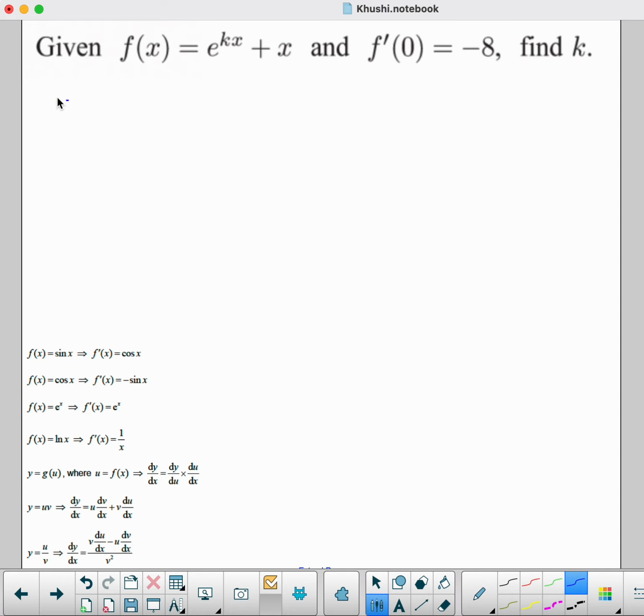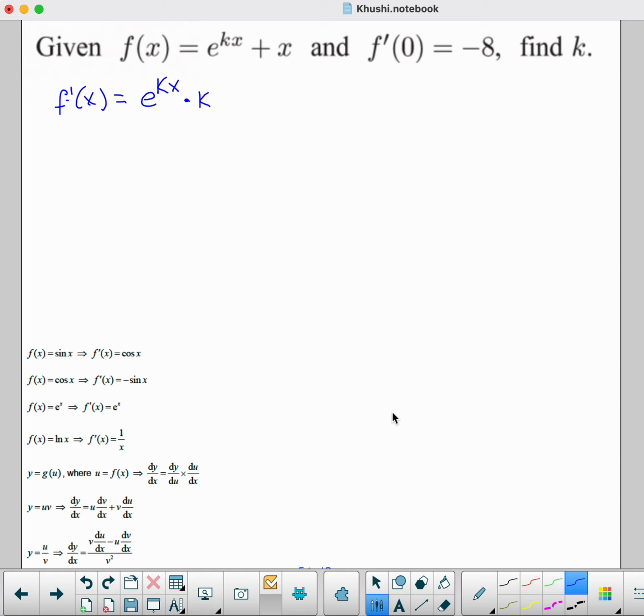So here we go. f prime of x is equal to, the derivative of e to the anything is e to the anything multiplied by the derivative of the anything, right? And the derivative of kx is k. Just like if we had y equals 2x, y prime is 2. It's the coefficient.